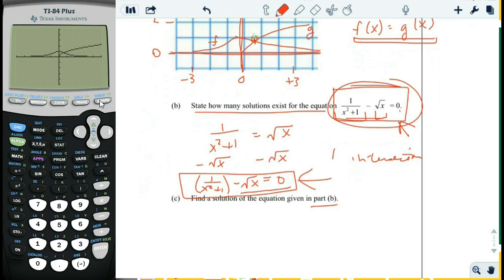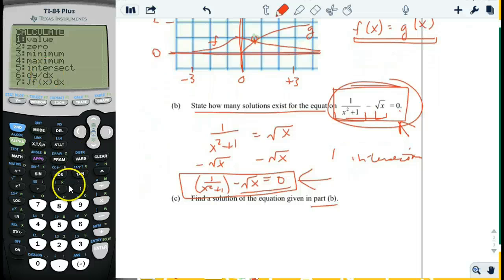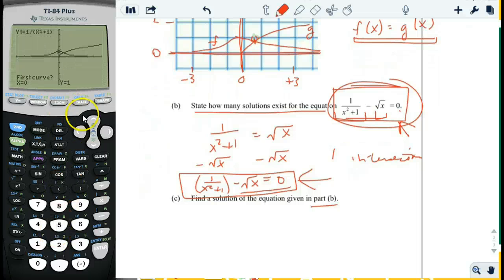But let's find the intersection between these two on the graph. And we do that with second calc intersect 5. And then we'll just say, okay, which curve? First curve, 1 over x squared plus 1? Yes. Second curve, square root of x? Yes. Make a guess.